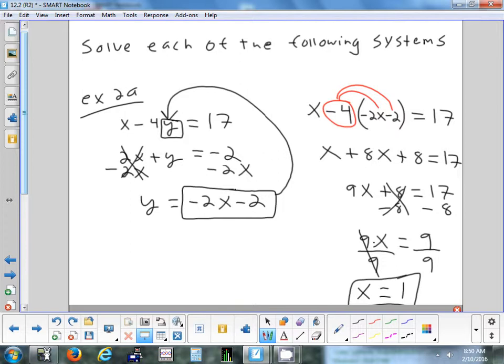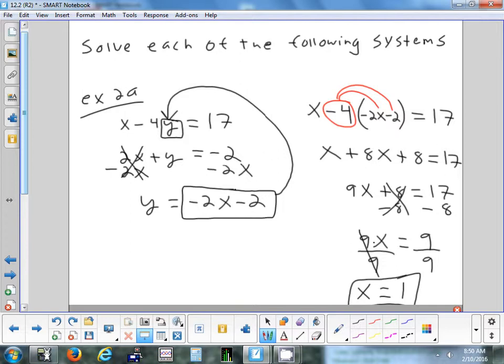And now what do you do with this value for x? Yeah, plug it back in. Okay? So one thing you got to be careful with substitution is if you get x wrong and you use it to find y, what's going to happen to y? It's going to be wrong. Okay?